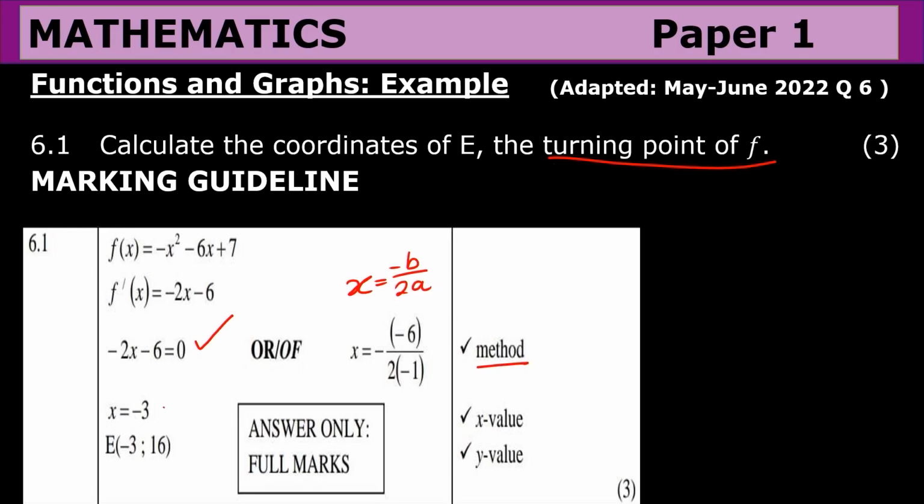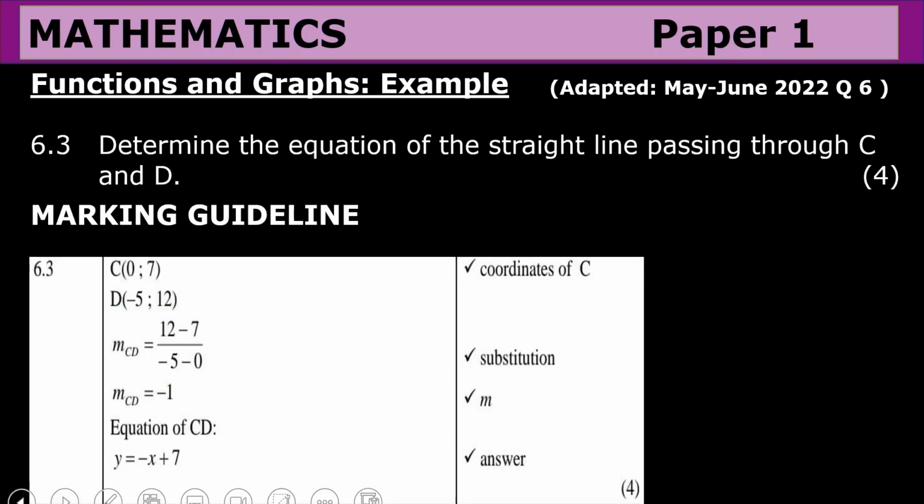Then you're going to get a mark for the answer that you get from using that method. And lastly, you're going to get a mark for the y value of the turning point. Since we were asked for the turning point, this is the x and the y value. So those are where the 3 marks are. But be aware again here in this case, if you have the answer only, you will be awarded those 4 marks.